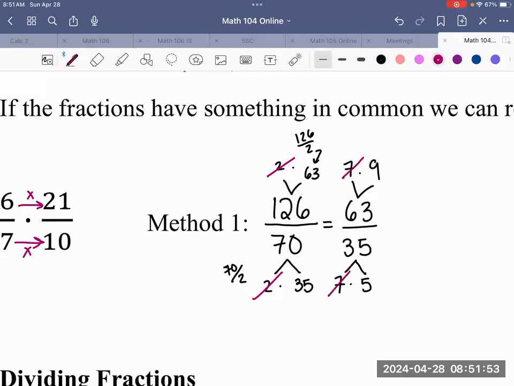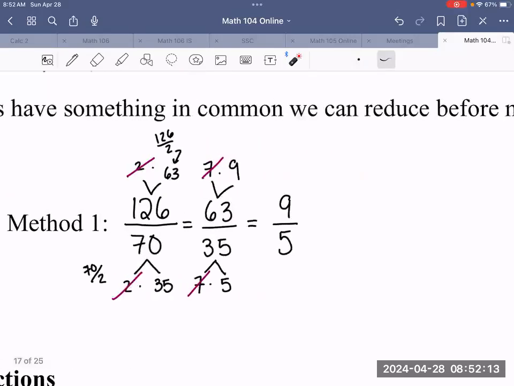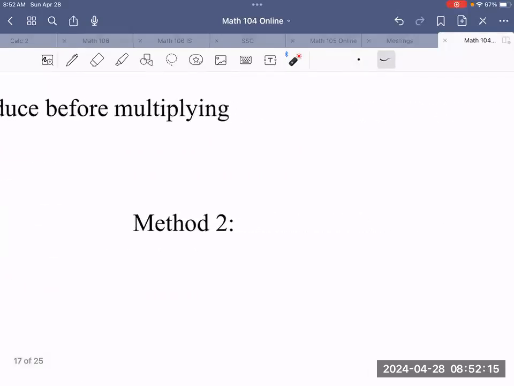So we can cancel these values out, and then we get 9 over 5. So there's a lot of reduction going on if you don't hit it immediately. That just means they have to start with a 2 and a 7 together, or even more of a 14 together.